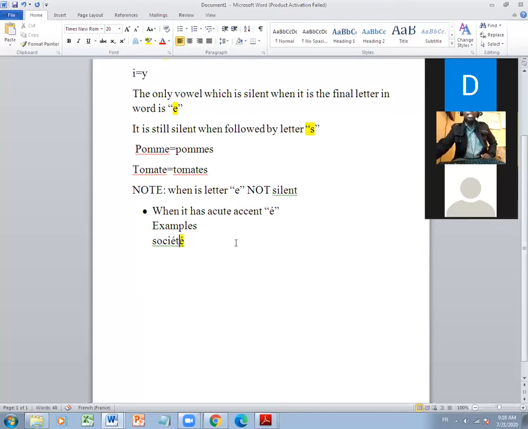Also C, because of E, it is sa, se, si, so, su. Whenever a vowel comes after a consonant, the consonant must respect that vowel. If letter P is followed with letter A, we say pa. If it is E, we say pe. So we say société, okay? Société. Try that.